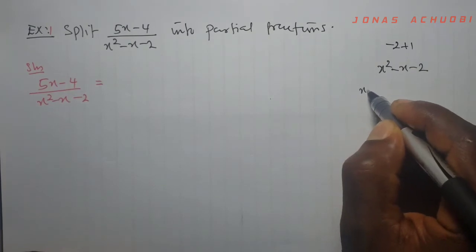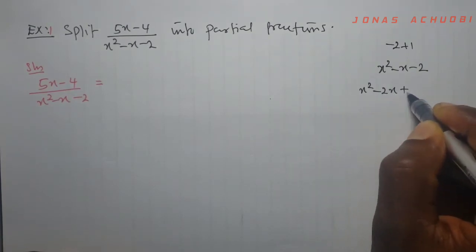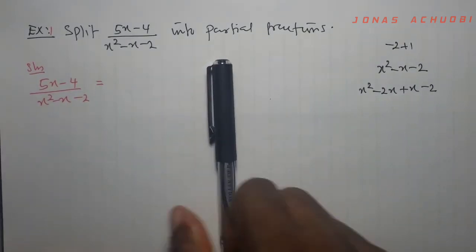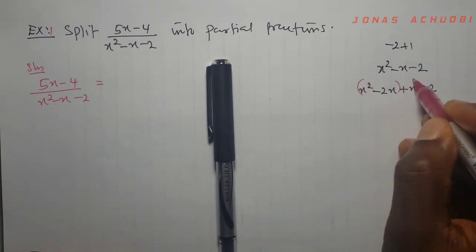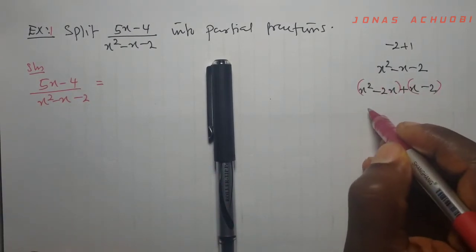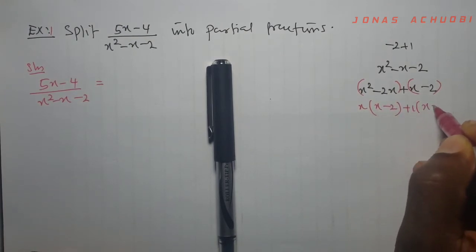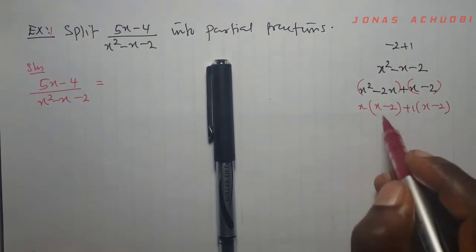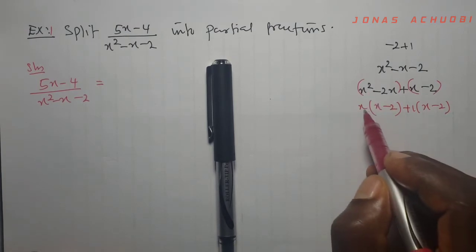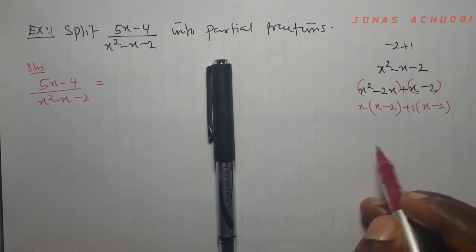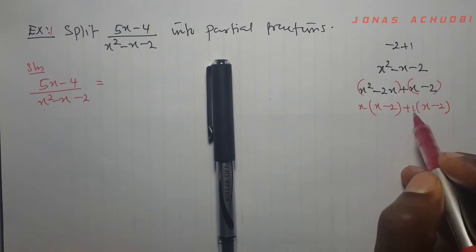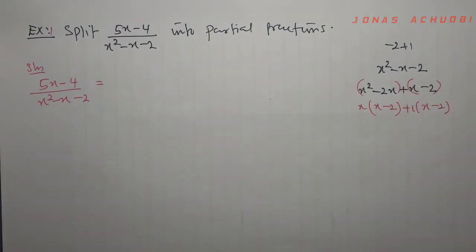So this becomes x squared minus 2x plus x minus 2. We can now put them in pairs and factor out. What is common here is x. We have here x minus 2, plus 1, x minus 2. So x times x is x squared. x times minus 2 is minus 2x. 1 times x is x. 1 times minus 2 is minus 2.